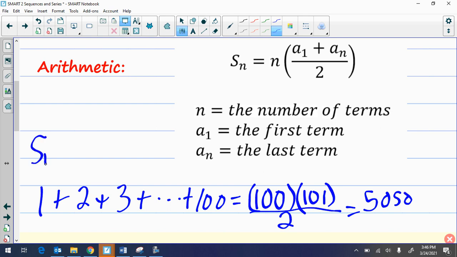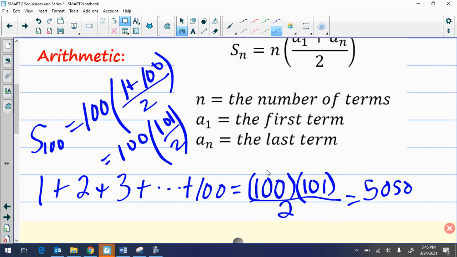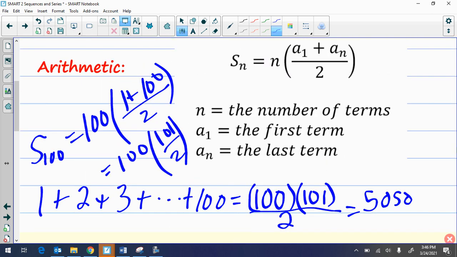So S sub 100 of this arithmetic series, because it's got the addition signs there, where n would be 100, my first term would be 1, my last term would be 100. So notice what I get with my formula is the same as what he got when he did it using his 2 lists.